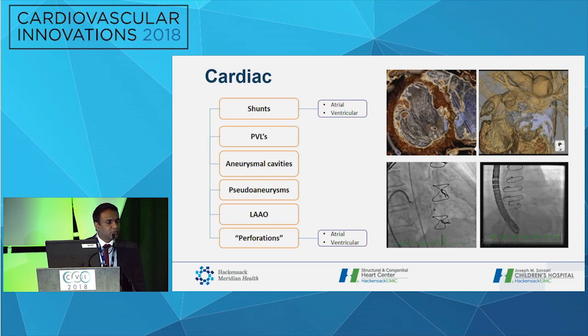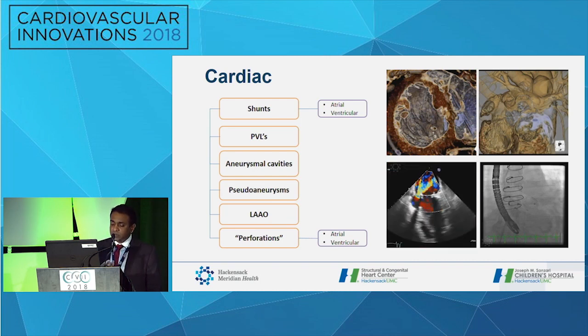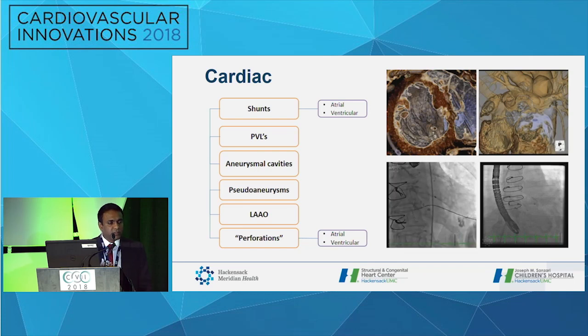Clearly, they don't conform to the anatomy of these structures, but they work, though it is still not a complete closure. On the bottom picture, maybe I can play this again. Here you see a really complex PVL, which has a connection through a pseudoaneurysm into the LV.